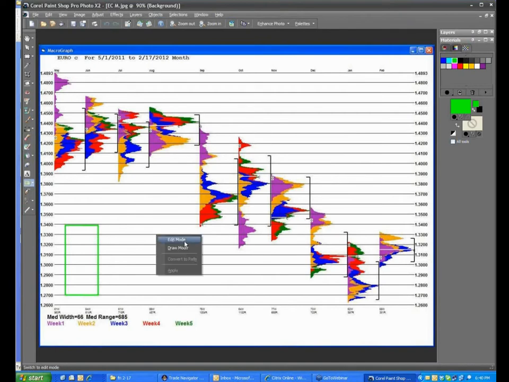One of the other beautiful things I like about Macrograph is, you see this low volume zone here, where there was no volume right in here? I'll tell you what, if you like to trade options, these are great things. I call them claws, where you've got a high volume price here and a high volume price here.